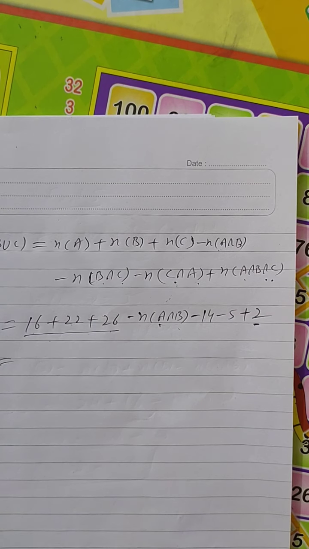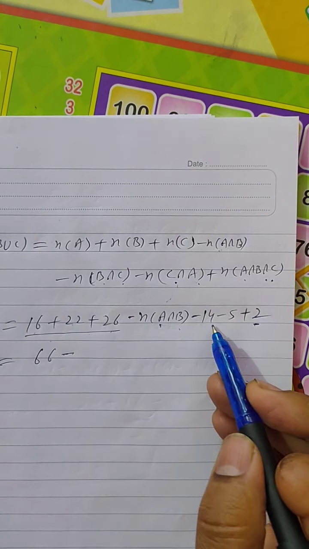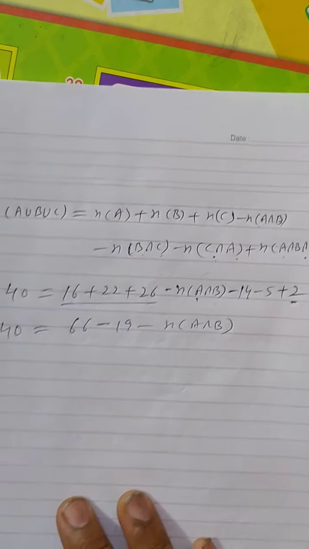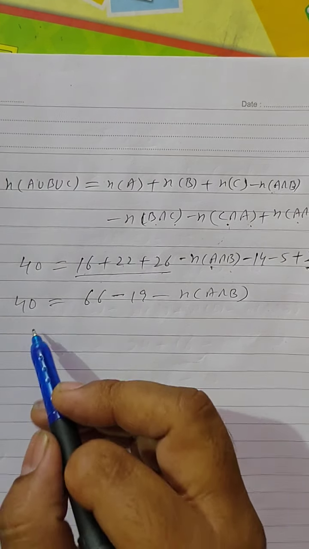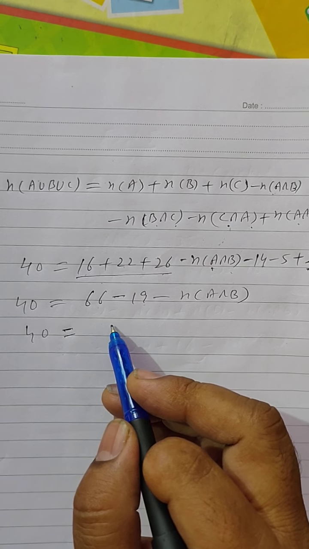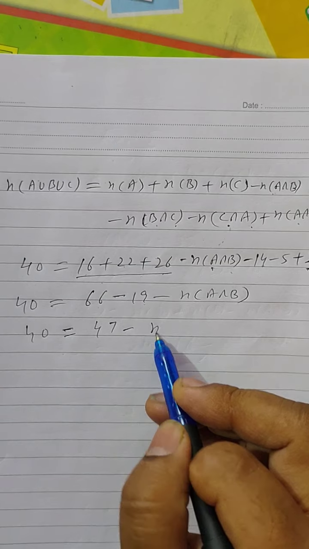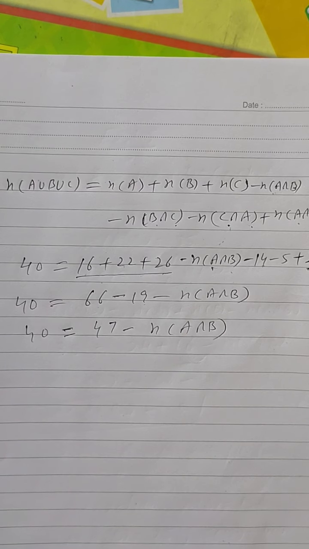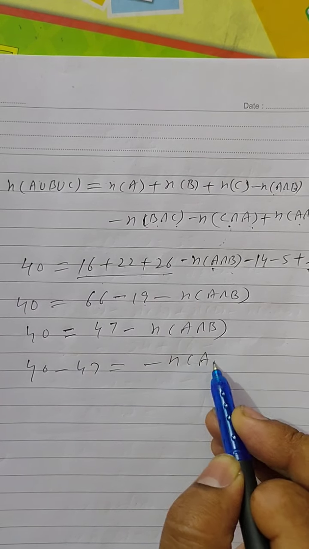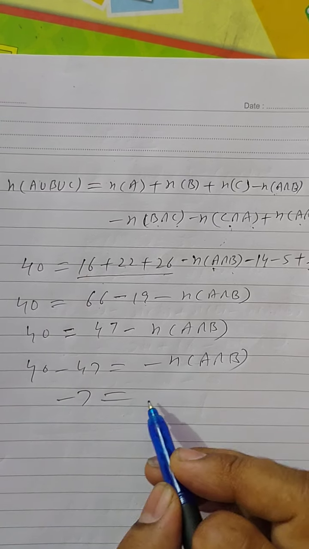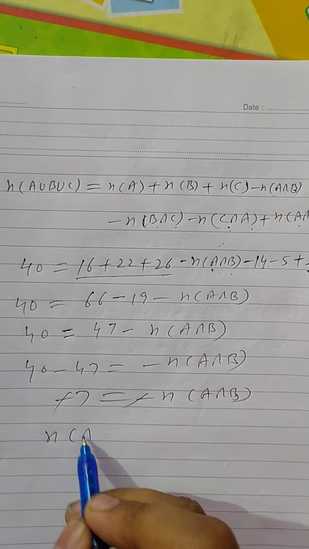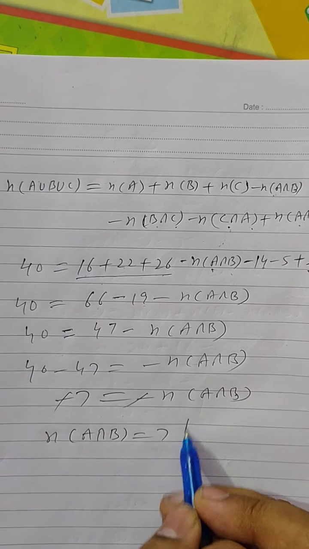This is 66 minus 19 minus n of A intersection B. So this is 40, 66 minus 19, subtract it, this is 47 minus n of A intersection B. Now 40 minus 47 equals minus n of A intersection B. Minus 7 is equal to minus n of A intersection B. Cancel out. So n of A intersection B is 7.